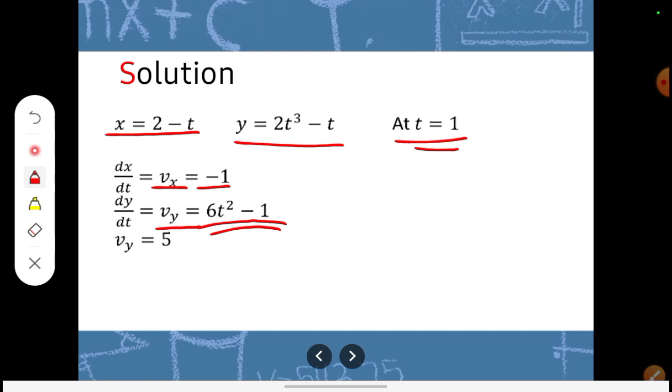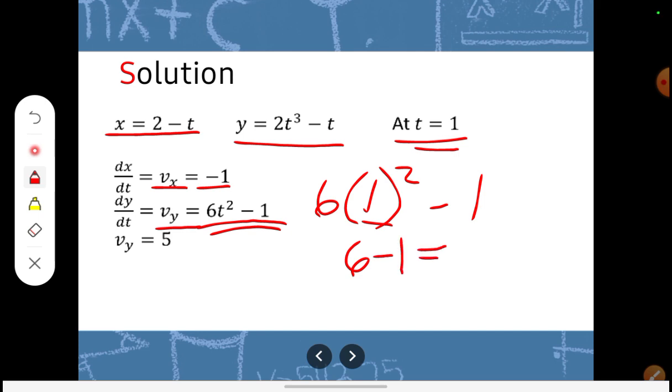So we substitute 6 times 1 squared minus 1. 1 squared is 1, times 6 equals 6, minus 1 equals 5. Therefore, the value of v sub y is equal to 5.